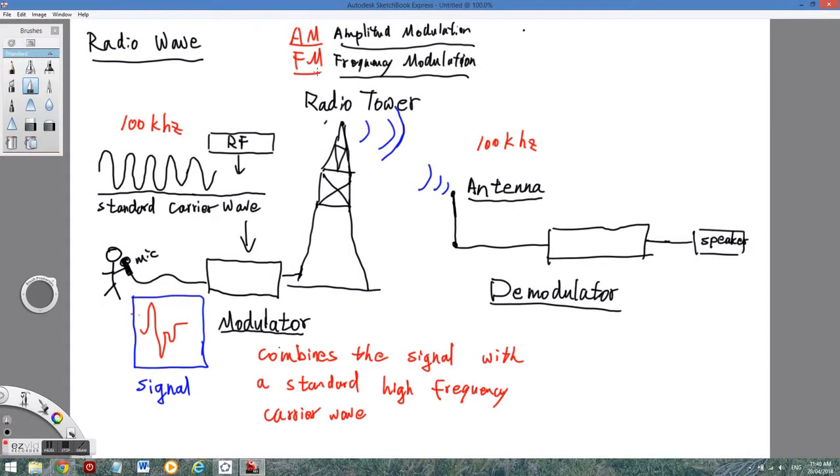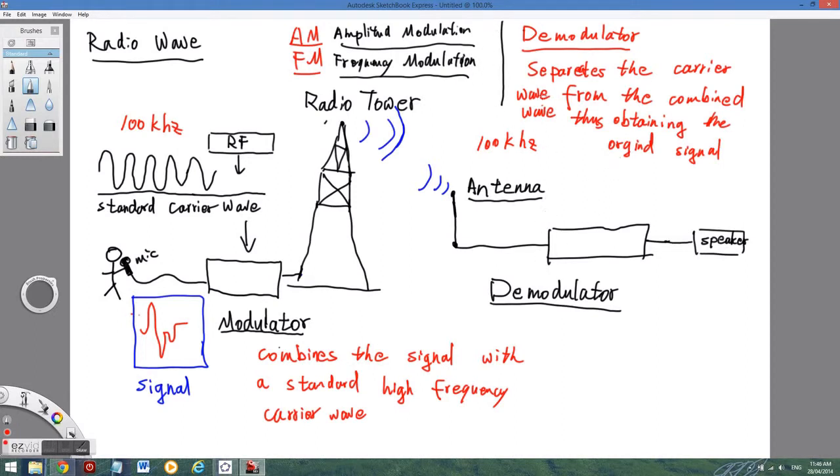The FM channel is another story, but there is still a process of modulation, which means combining the original signal with the carrier wave. Afterwards, after the antenna receives the combined wave, it sends the signal to a demodulator.